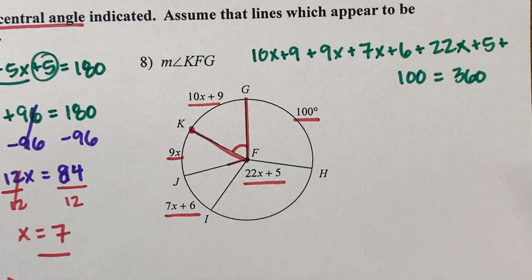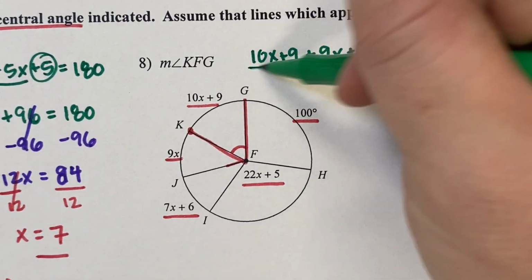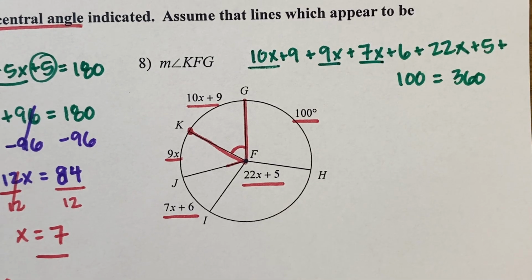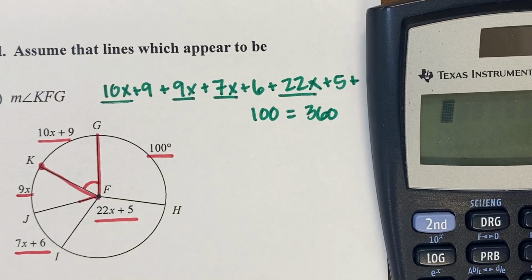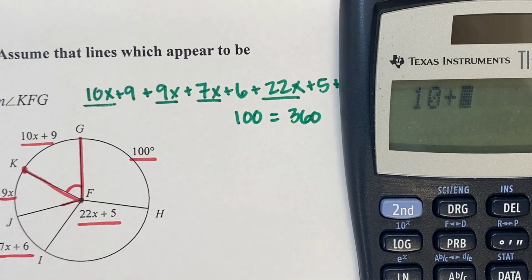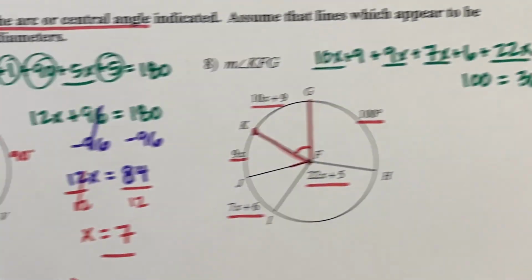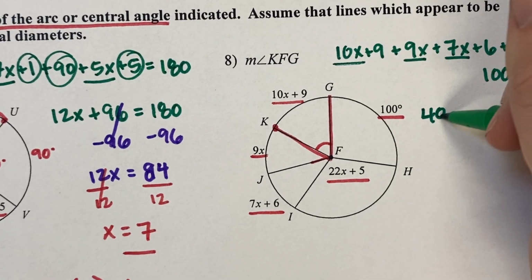Okay, looks super long, but all we got to do is combine like terms. So combine our x's first. 10x plus 9x plus 7x plus 22x. Okay, we can just put that in a calculator. Don't stress. 10 plus 9 plus 7 plus 22. That's going to give us 48x.